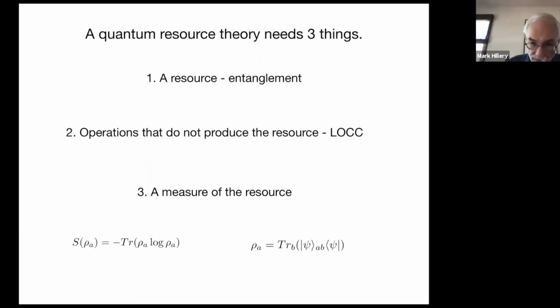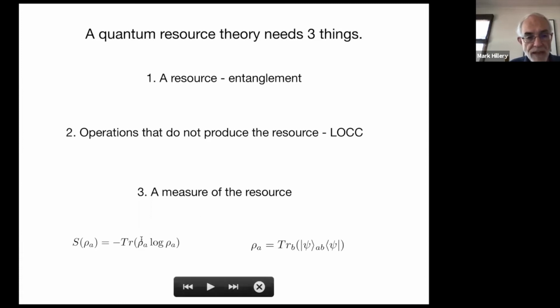In the case of entanglement, at least pure state entanglement, the standard measure is the von Neumann entropy of the reduced density matrix of one of the qubits. You take the 2-qubit state AB, you trace out one of the qubits, and that leaves you with a state of just 1 qubit.